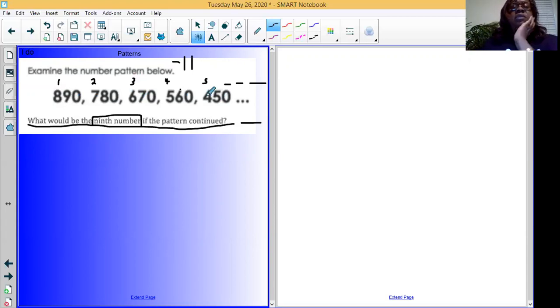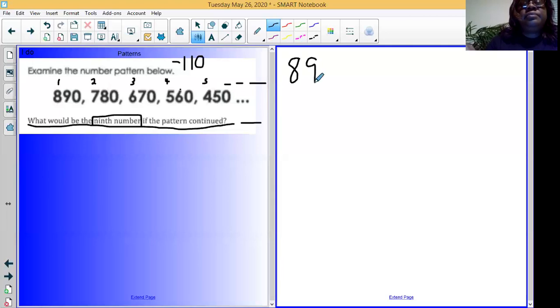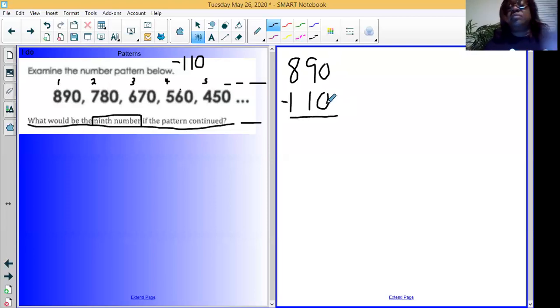And notice that our ones place stays the same. So we know that each number is decreasing by 110. Well, let's make sure that's correct. We take our first number, which is 890, and we're going to subtract 110 from it. I'll pause right there and let you catch up to where I am.